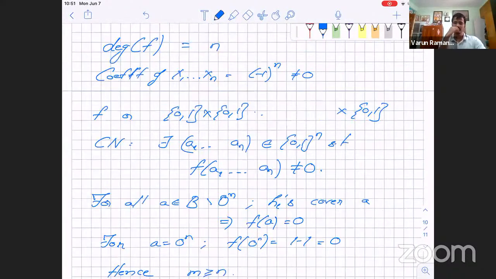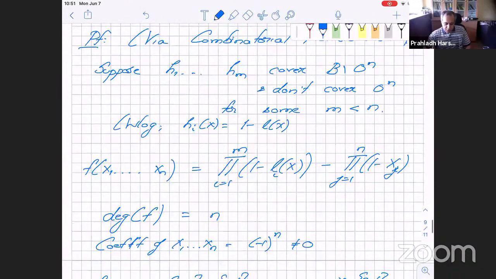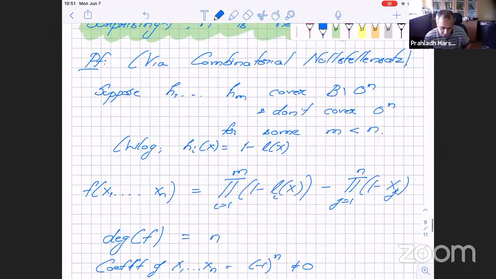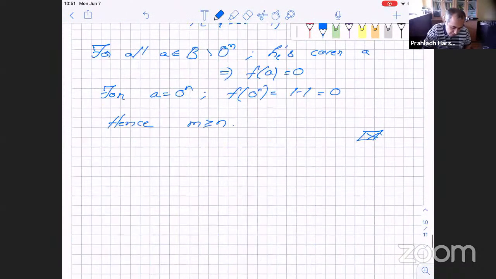So clear? Okay, so let's go to the proof of the combinatorial lemma. It can be proved directly in one shot, but I don't want to prove it in one shot. I'm going to break it up into parts and prove it, to tell you why the name combinatorial Nullstellensatz comes about. Nullstellensatz is a deep theorem in mathematics.